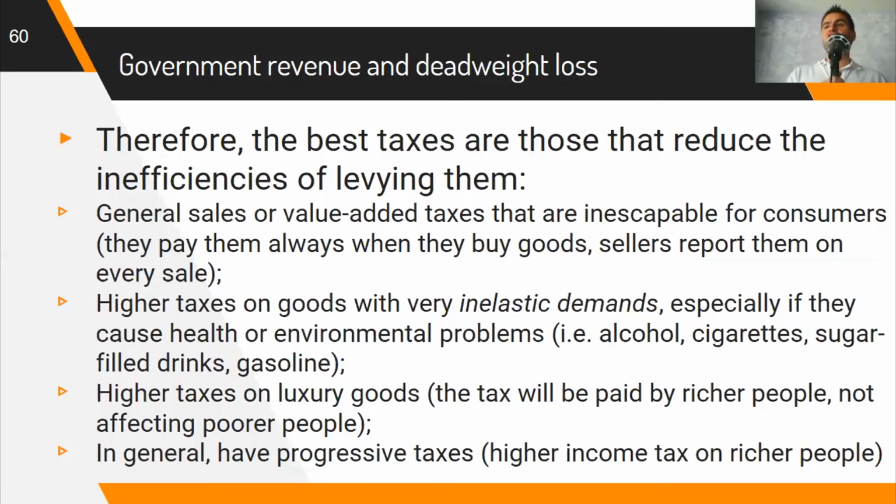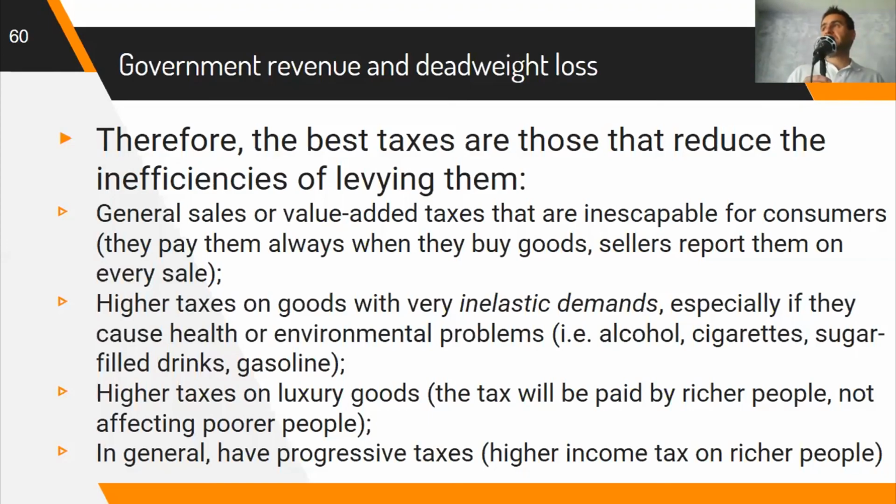Inelastic goods should receive higher taxes because you can levy more money that way, and it affects less the overall quantity sold because of how inelastic those goods are. But it discourages people from buying, because it affects their consumption more.